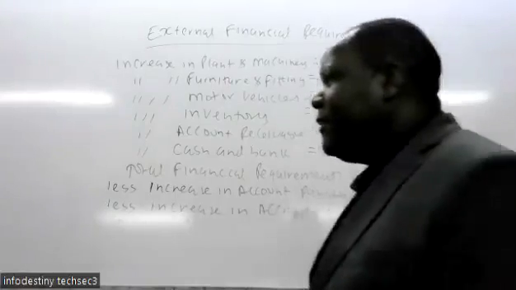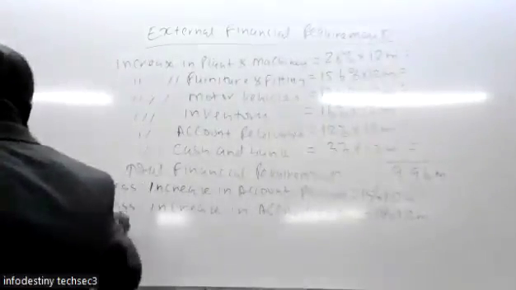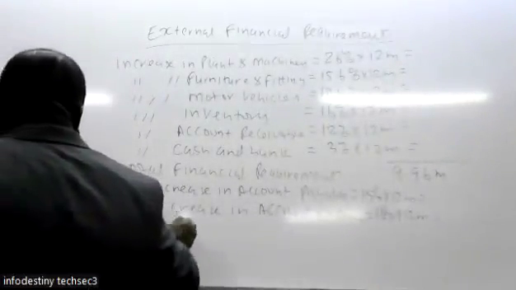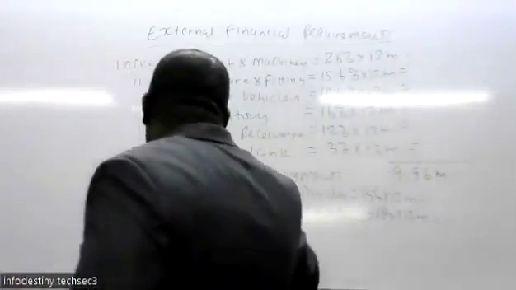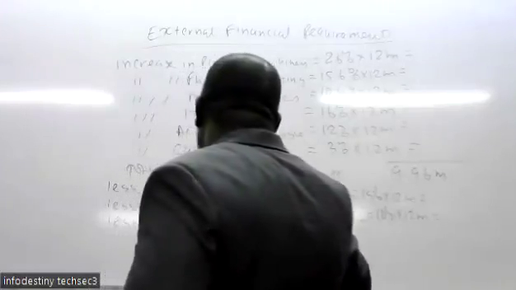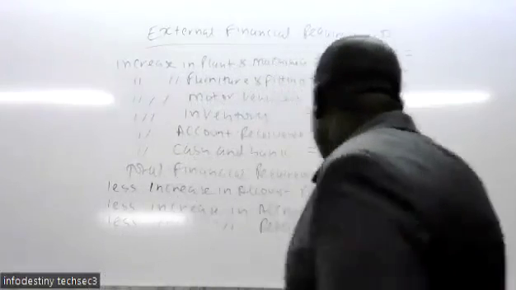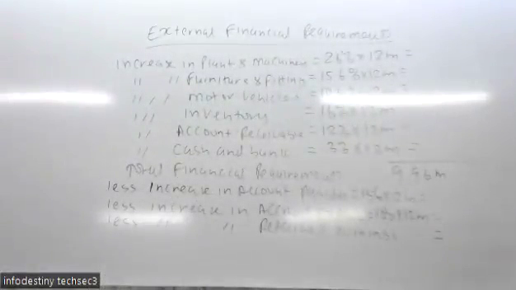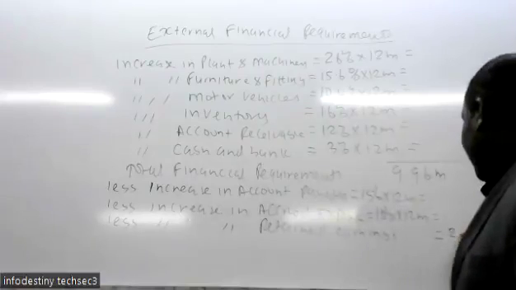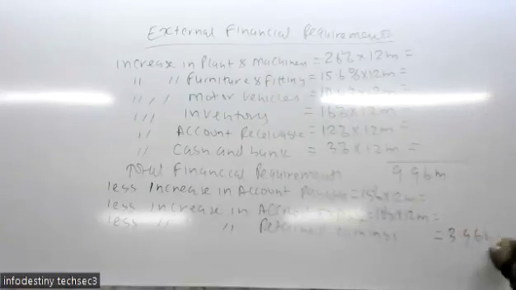Then remember retained earnings, you also less the increase in retained earnings. But this is what you calculated. You calculated something about the retained earnings. How much was that? 3.9. So that one we have already calculated.